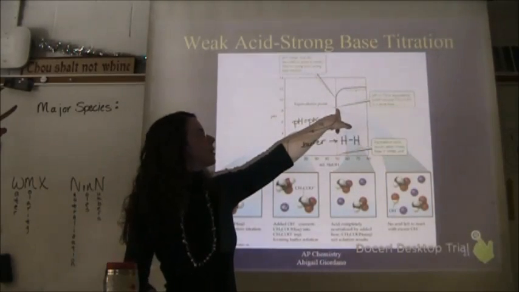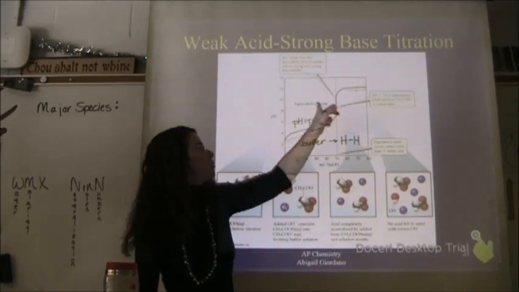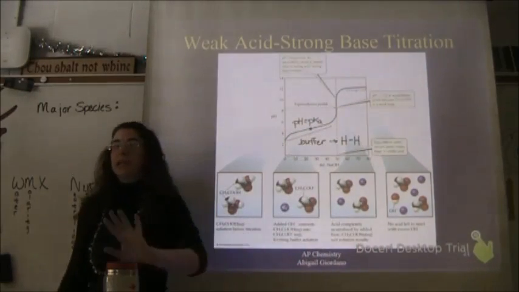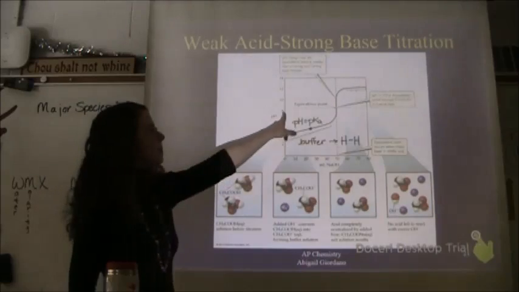All right. Look at the second to last calculation, which was at the equivalence point. Let's review. What does it mean to be at equivalence? What's equal? Moles of acid equal moles of base. Okay.